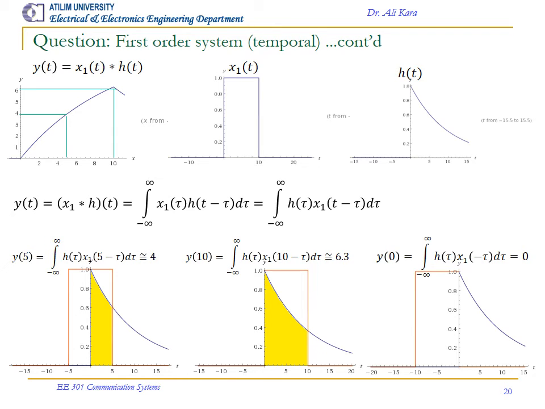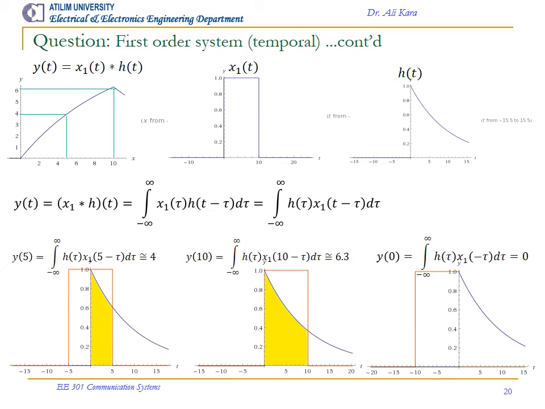Convolution of x1(t) with h(t) is the area under the multiplication of the two signals when x1(t) is sliding across the time axis. So, for example, in order to find y5, that is, the result of the convolution at t equals 5, h(tau) is multiplied by time-inverted and shifted x1(tau).